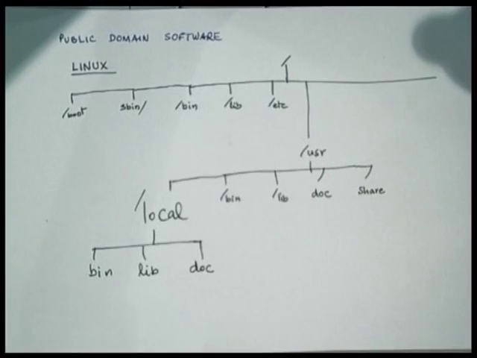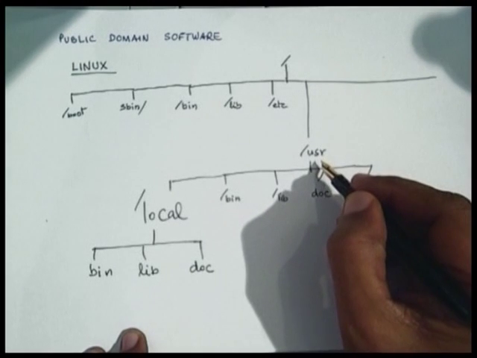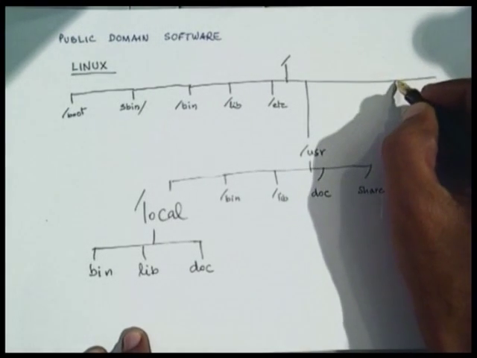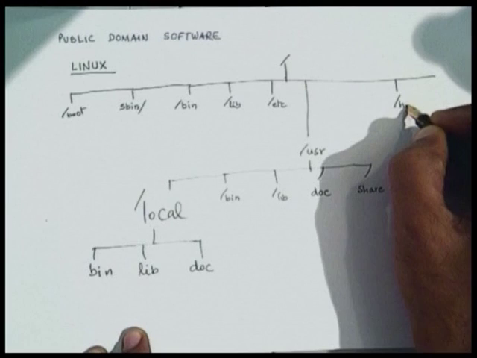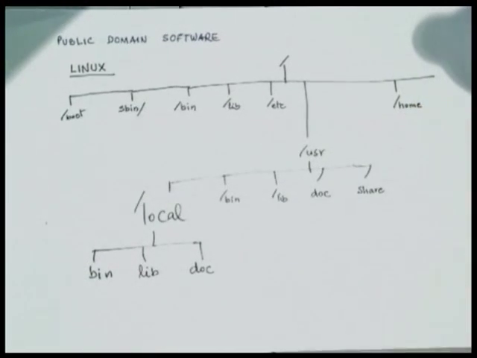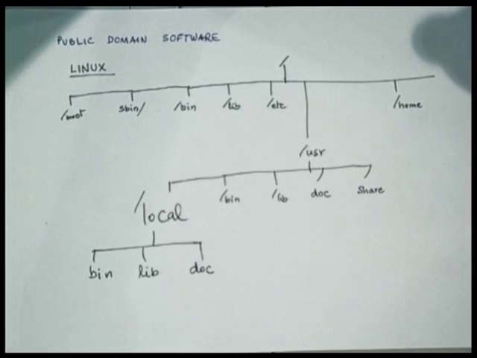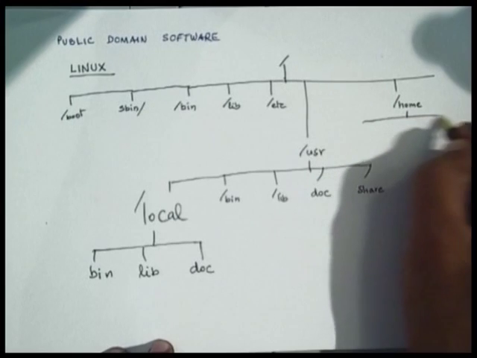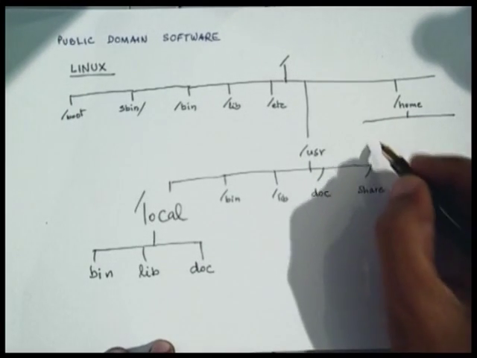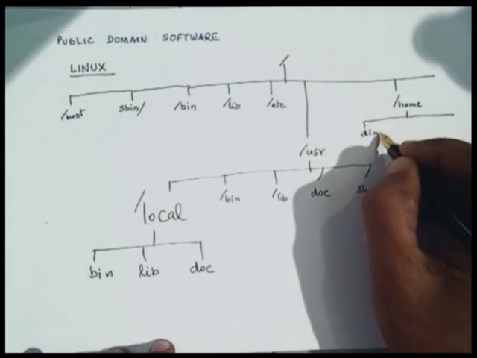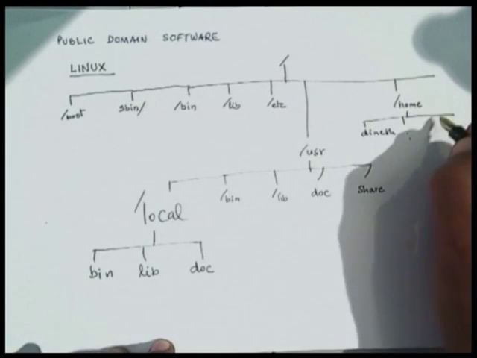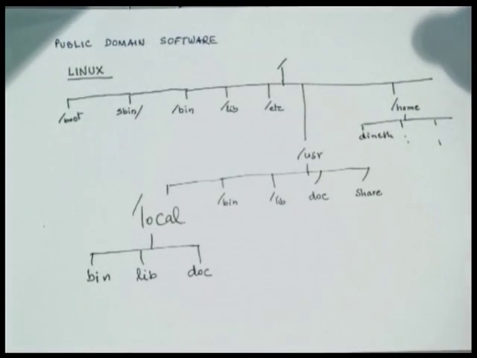Okay. Now we have done enough. One final thing, that apart from this user, there is a home partition. And this is where all the personal data of the users goes. Okay? So for example, under this, then there will be various directories, one per user. So for example, you will find one for Dinesh, one for some student, etc., etc. Okay?